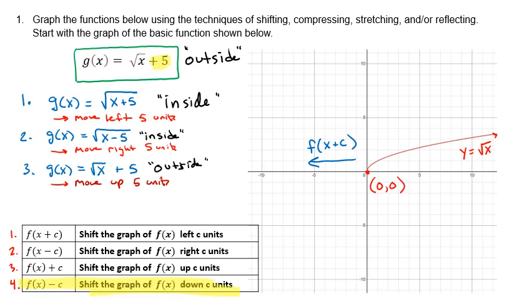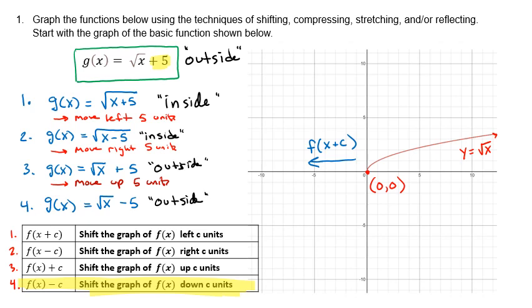And then the last case, if you have a minus on the outside, so the 1, 2, 3, and 4 on this table on the bottom corresponds to the 1, 2, 3, 4 of what I'm writing up here. Square root of x minus 5 on the outside. So again, I'll write outside here.